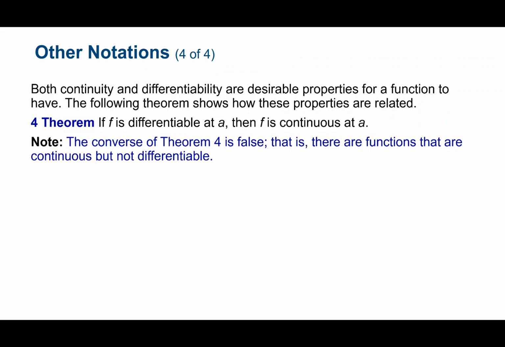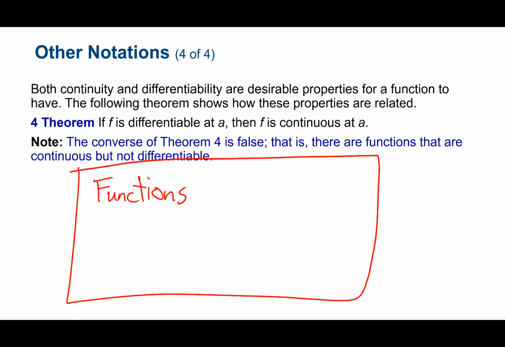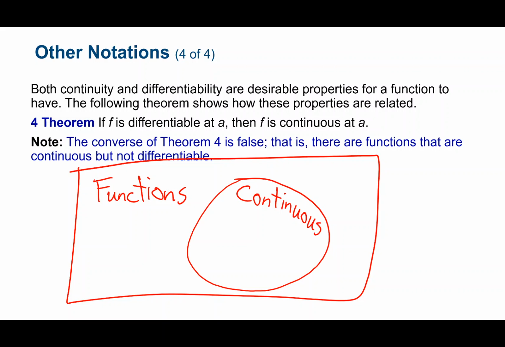So like here, if we've got a group of functions, we'll take a box and put all the functions in there. Then we've got a little compartment over here that we'll call continuous functions, because there are functions that are not continuous, right? We've seen that.